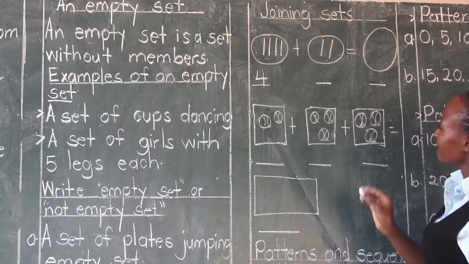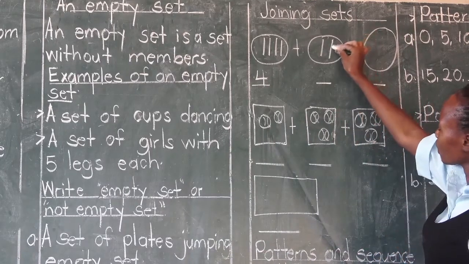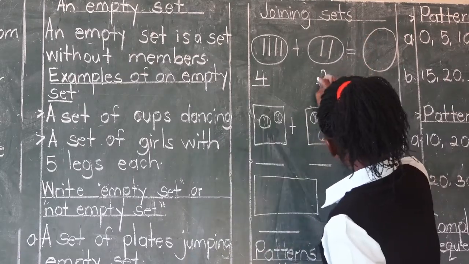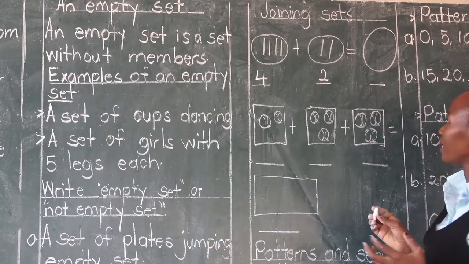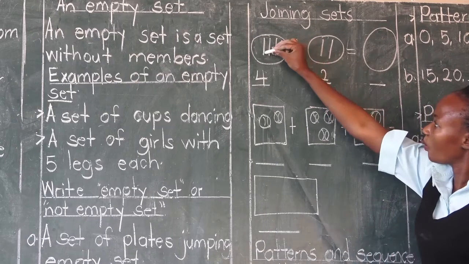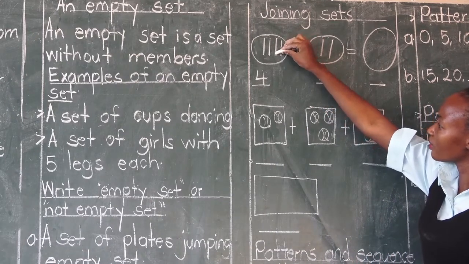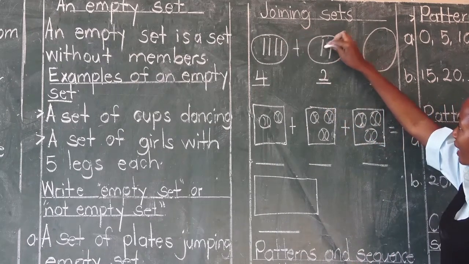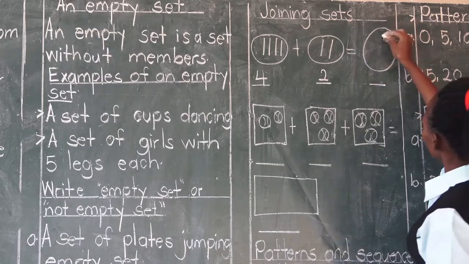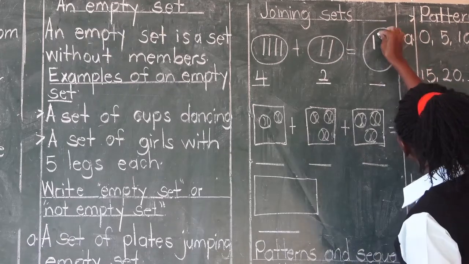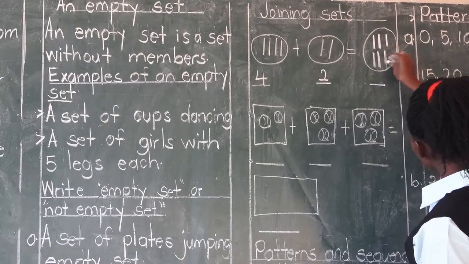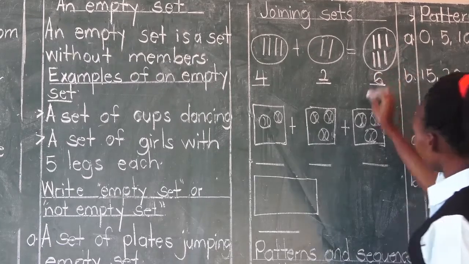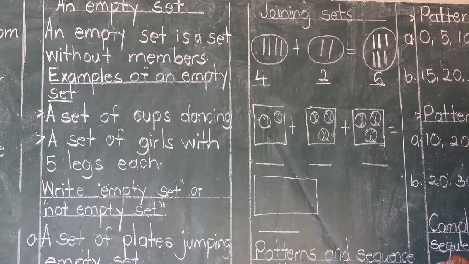We come to the next one. 1, 2. Now we are going to add them, or join them. Let's put them together. 1, 2, 3, 4, 5, 6. Let's put here the 6 sticks. 1, 2, 3, 4, 5, 6. And our number 6 down.